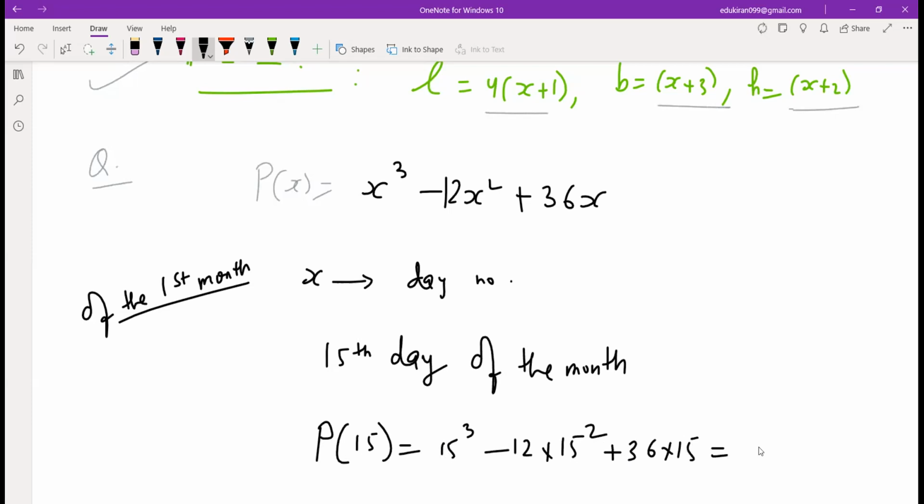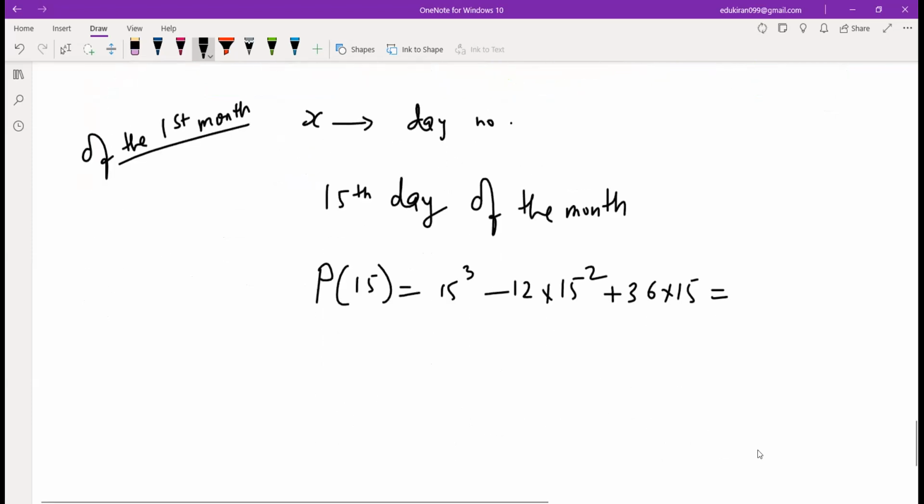The value it gives will tell you in hundreds. Let us take 15 common: 15 squared is 225, minus 12 into 15, which is 180, plus 36.